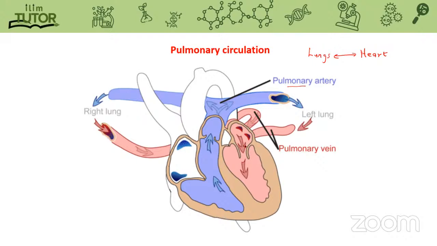And as you can see, okay, it is coming into the left side via the pulmonary veins. All right. So it leaves the heart to the lungs via the pulmonary arteries, and it comes back to the heart via the pulmonary veins. By the way, anytime you see the word pulmonary, you know that they are talking about the lungs.